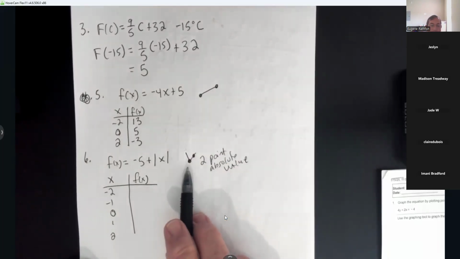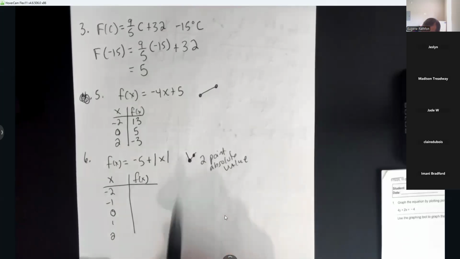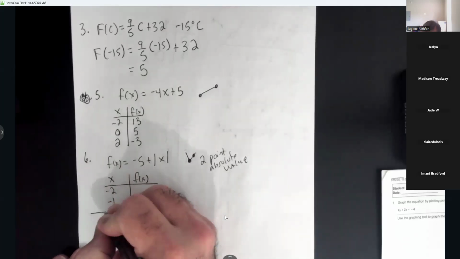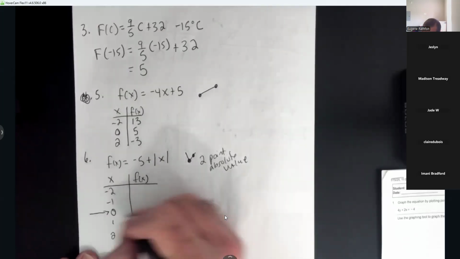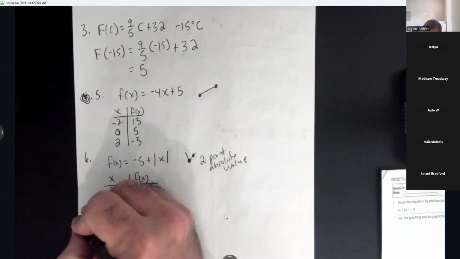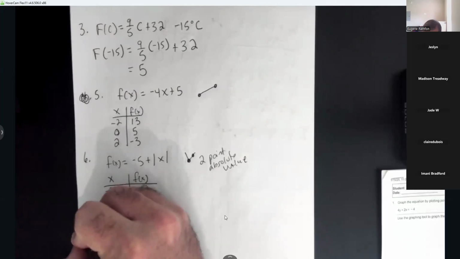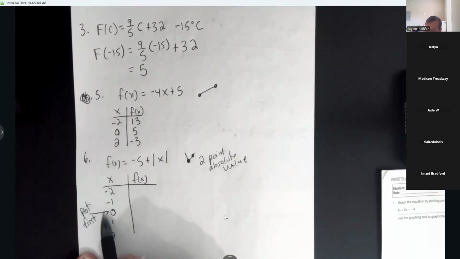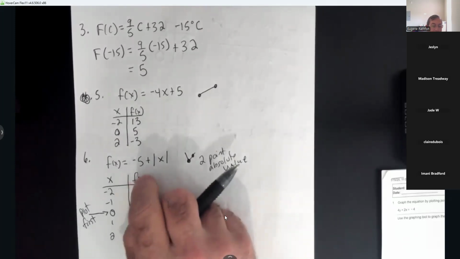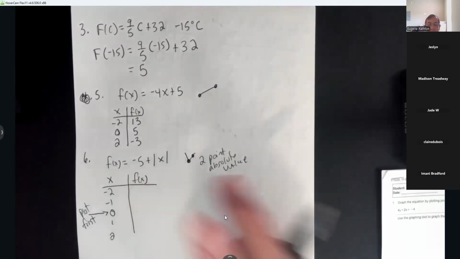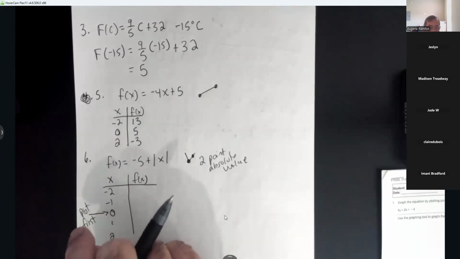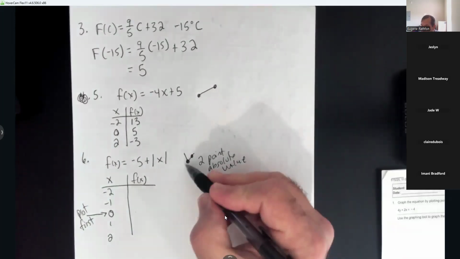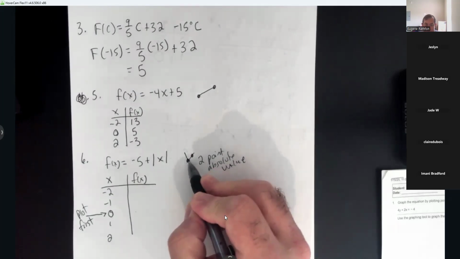But the trick on this one, we got to plot this V point first. And that is always going to be the middle point here. So the middle point gets plotted first, okay? Once we plot the middle point, we can plot any one of the other 4 points for the second one. But you gotta plot the middle point first because that's what's going to give us this V shape here, okay?